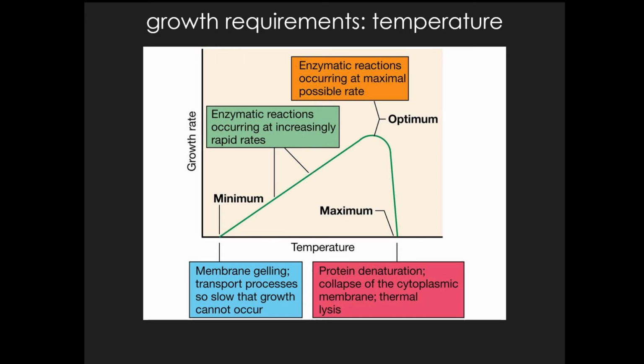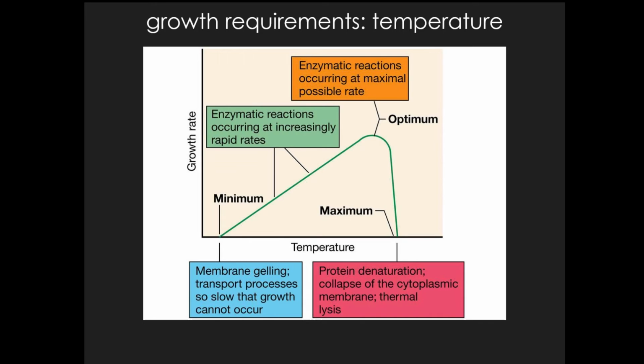So minimum temperature does not kill the cell. So low temperature can control the growth of a cell by slowing growth, but it does not kill cells, whereas maximal temperature exists where the cell actually dies.